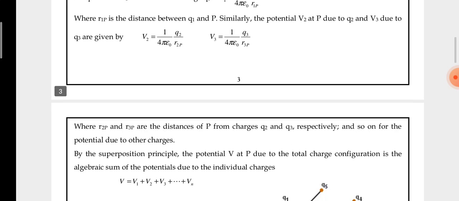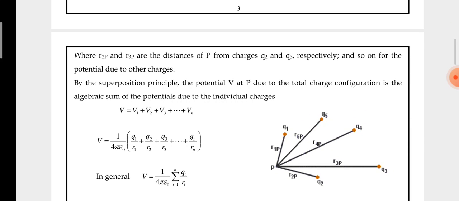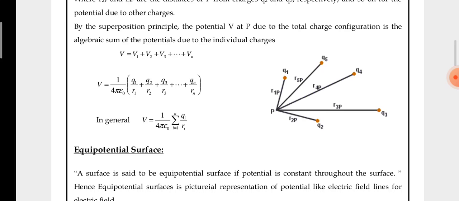In the diagram they have given charges Q1, Q2, Q3, Q4, Q5 and so on at their respective positions, and from there at a point P you have to calculate the electric potential.